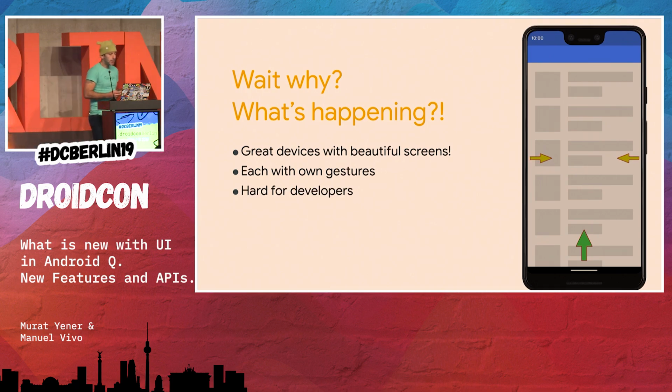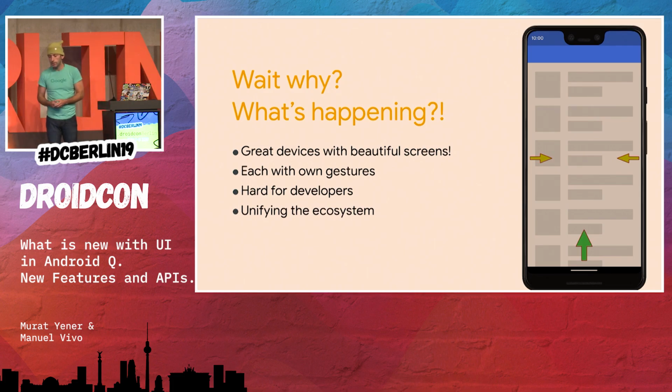And this is definitely not very easy for developers because you can have controls or draggable items all around the screen, and you need to take care of them without creating any conflicts with the system-wide gestures. So we decided to step in and unify the ecosystem about gestures. This is the model which we will be promoting and supporting starting with Q.